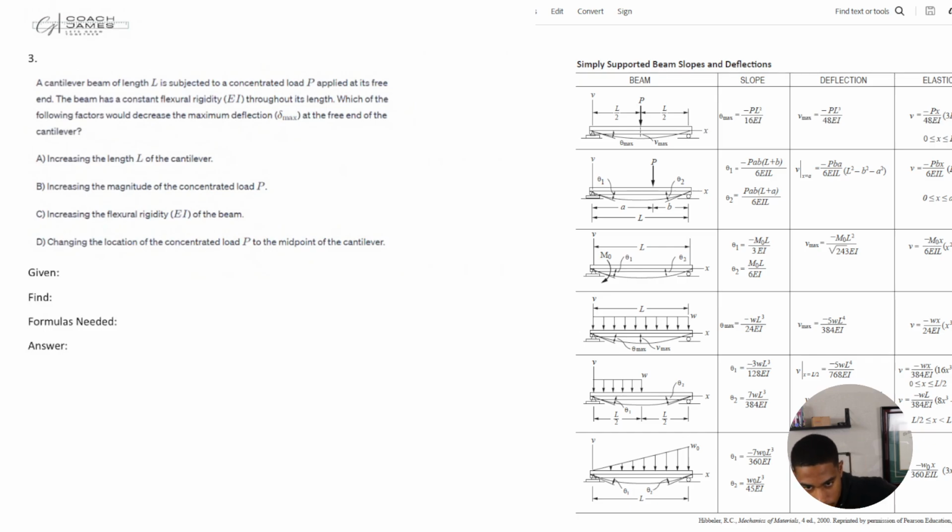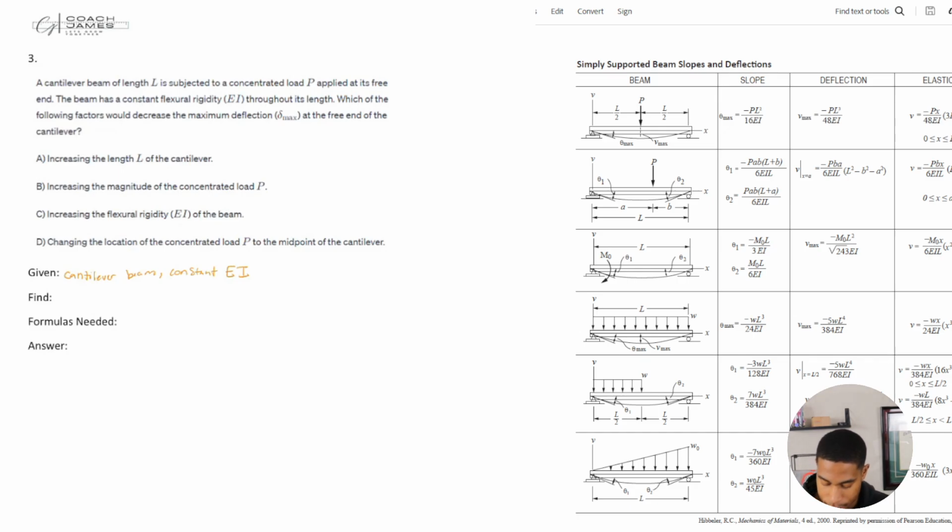Alrighty. So let's look at this. Let's write our givens. All right. So given we have a cantilever beam, and we have a constant EI, which is modulus of elasticity and inertia.